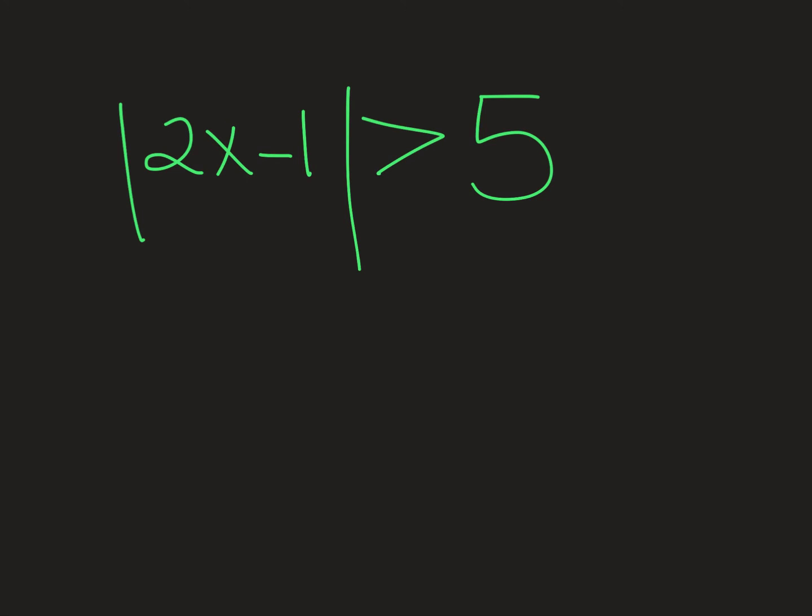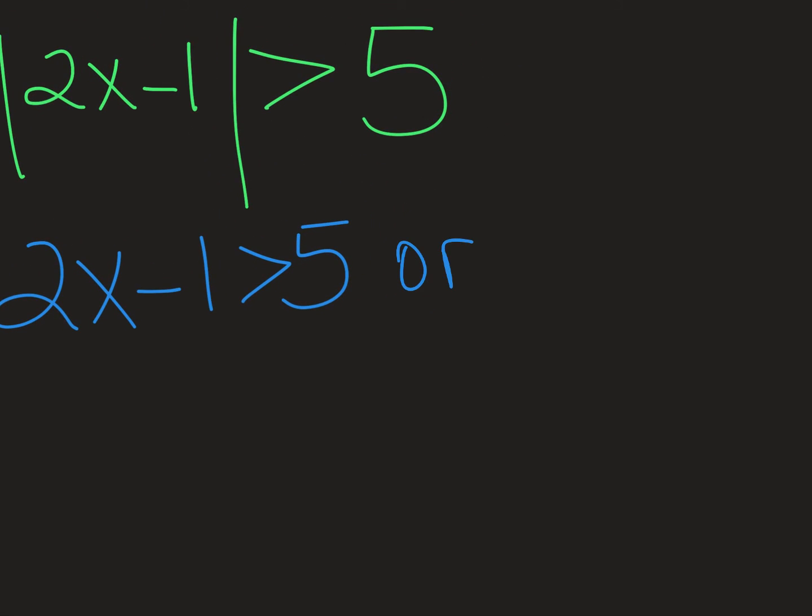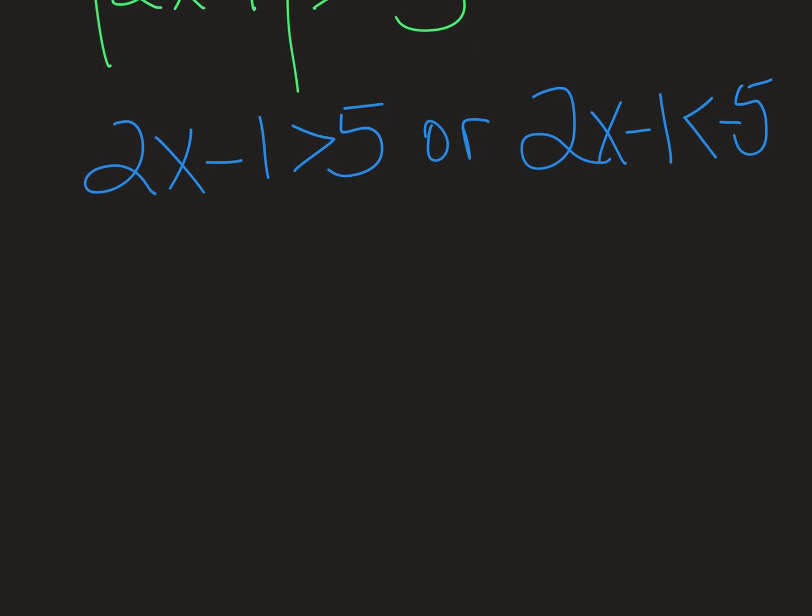Greater for 2 equations. So, again, I'm going to drop the absolute value sign and bring down the first equation exactly the way it's written without the absolute value. Or I'm going to bring down the first part, 2x minus 1. I'm going to switch the inequality sign and make the number negative. And that's the 2 ways you're going to write it.